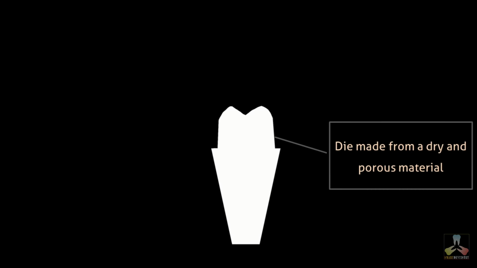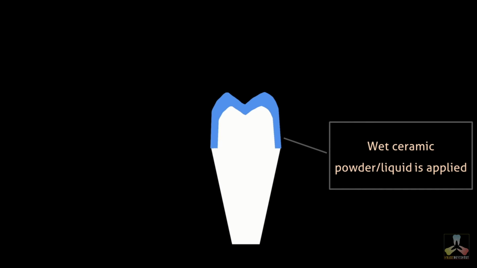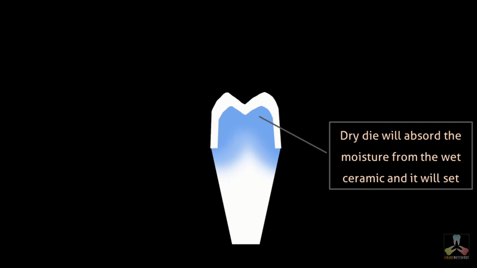Unlike other methods, for slip casting a dry and porous die is made from the impression. A wet mix of ceramic powder mixed with liquid is applied on top of the die. As the die is very dry and porous, it absorbs the water from the mix and it will set.